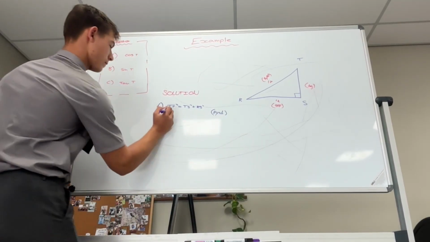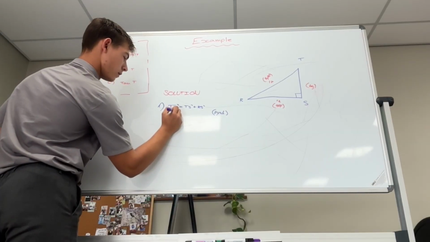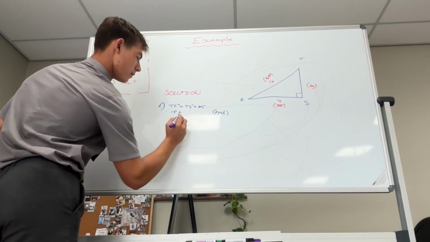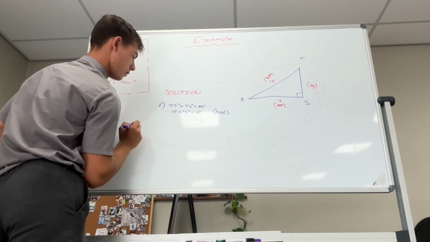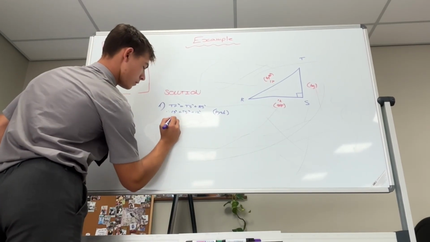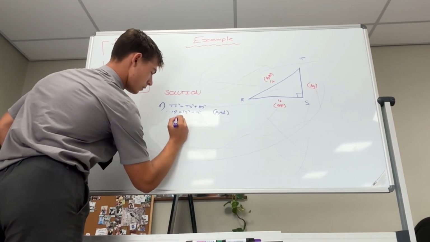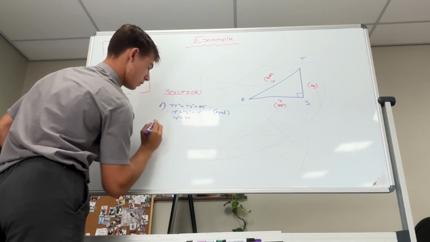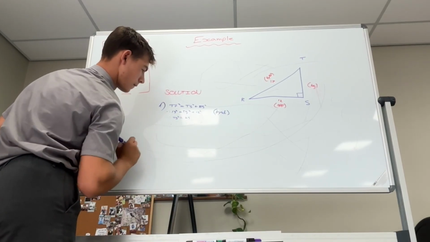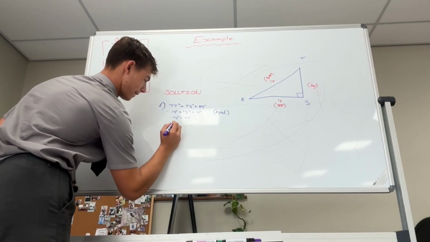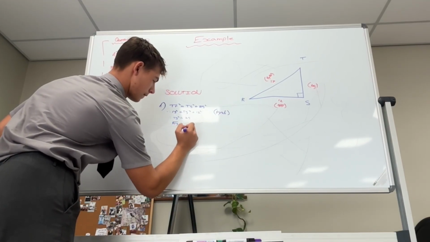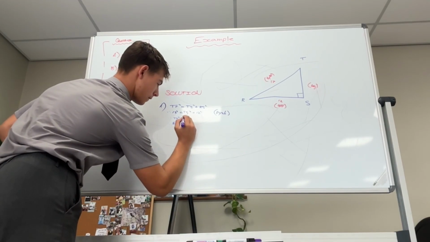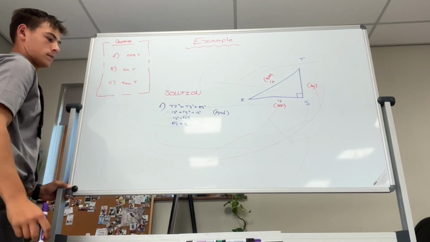Therefore, 13 squared equals TS squared plus 12 squared. Therefore, TS squared is equal to 25. Therefore, TS, the square root of TS squared, equals 5 units.